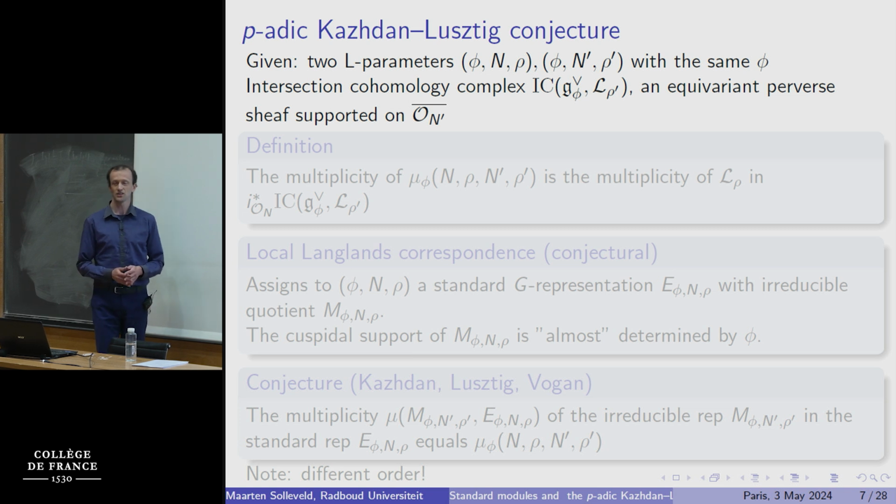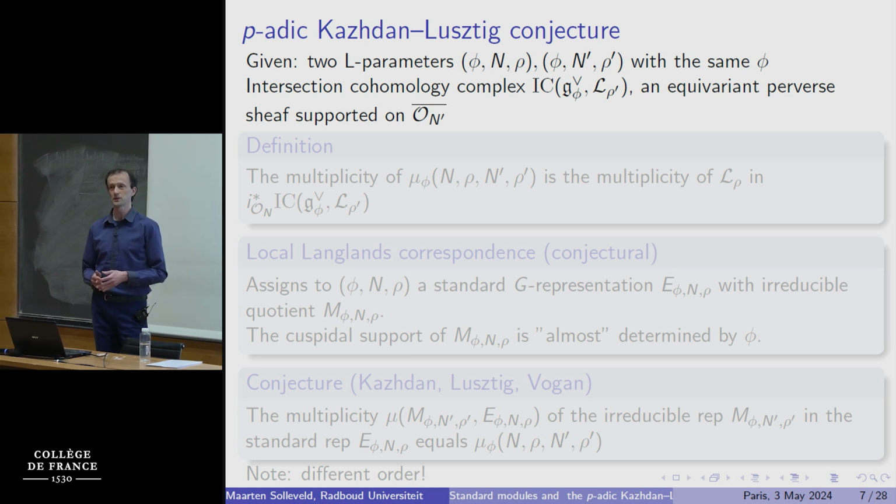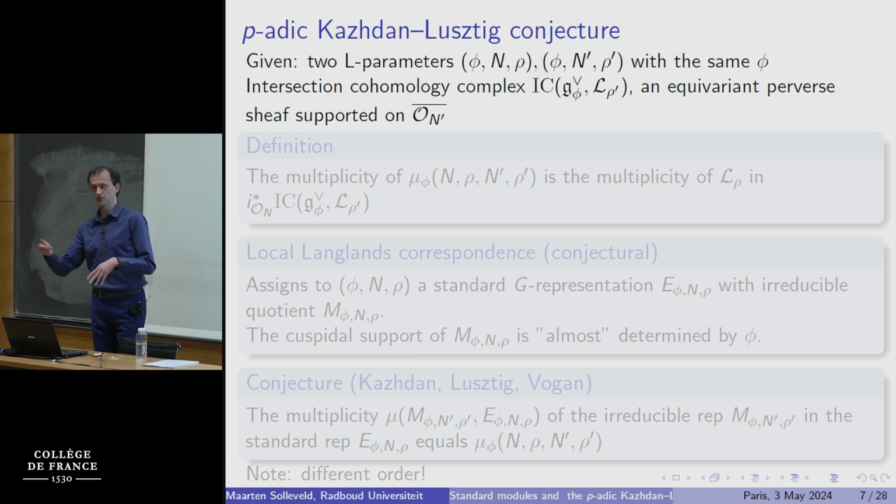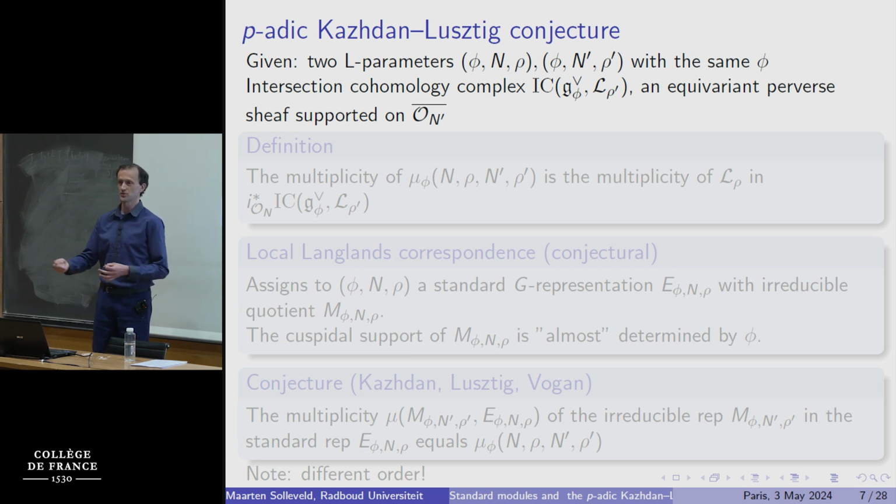And what will the Kazhdan-Lusztig conjecture say? It will tell you, given a standard representation, how often every irreducible representation occurs in this standard representation as a subquotient, counted with multiplicities.